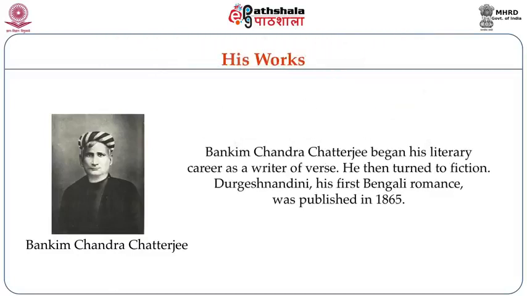Now let us talk about his works. Bankimchandra began his literary journey as a writer of verse, and then he shifted into writing novels, romance, essays and critical thoughts. The first of his novels, Durgesh Nandini, was published in 1865.